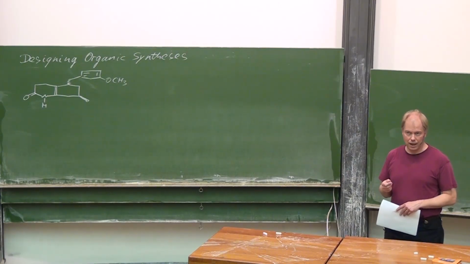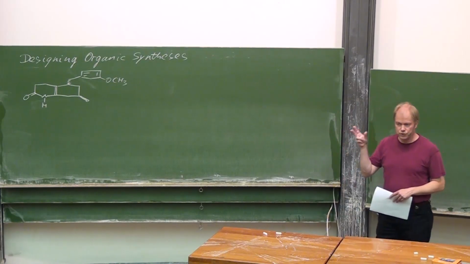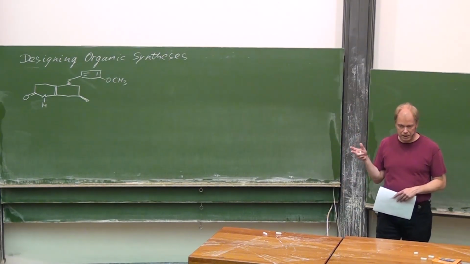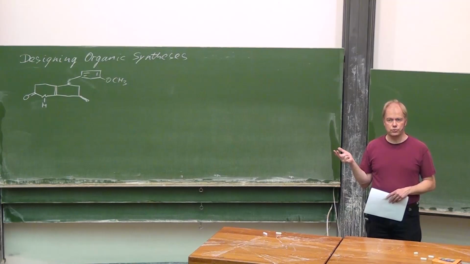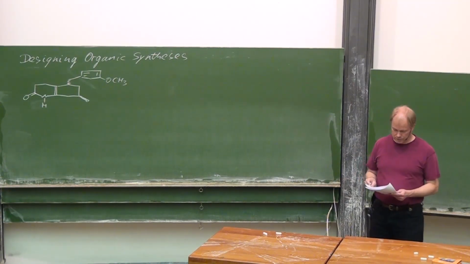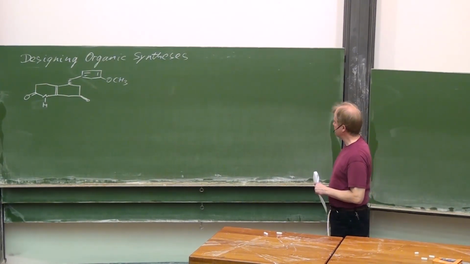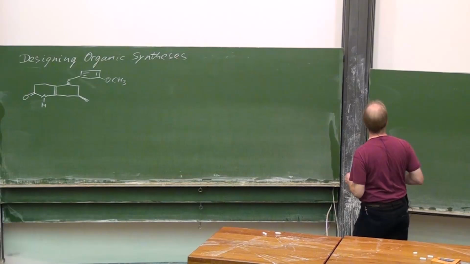As you will find out, molecules like that are synthesized by reactions you normally know from organic chemistry 1 or organic chemistry 2. This is basic knowledge of organic chemistry. So, let us start with some key terms.